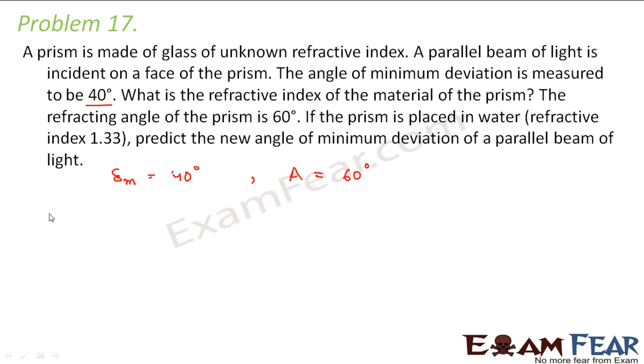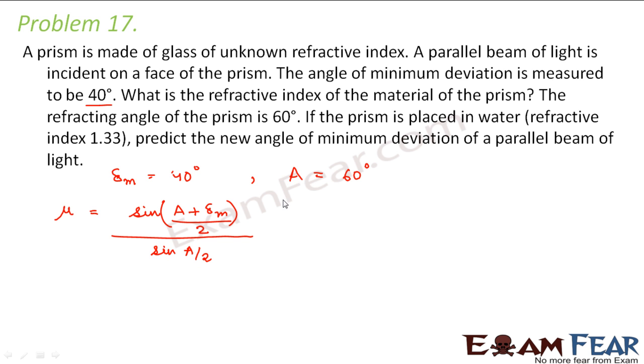Now let us try to calculate the refractive index for the material of the prism. We have already seen that refractive index is given by sine of (A plus delta M) divided by 2, divided by sine of A by 2.